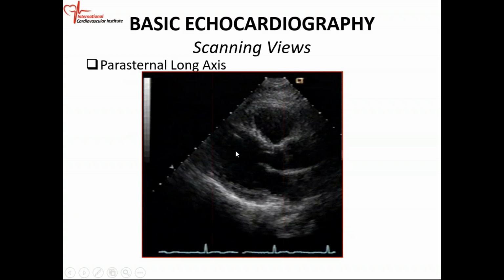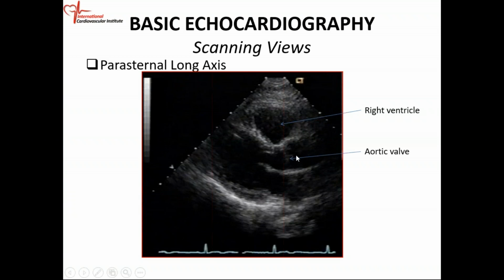How you get this view: the left third or fourth intercostal space, you put your transducer probe there. The marker points toward the patient's right shoulder, and this is the image you're going to get. That's your right ventricle, the right ventricular cavity. That is your aortic valve.